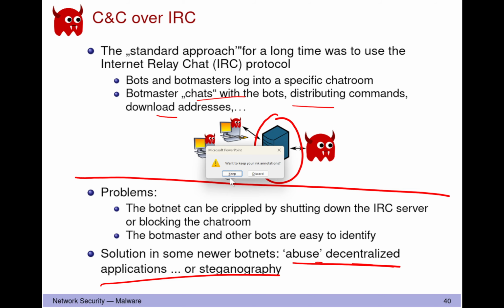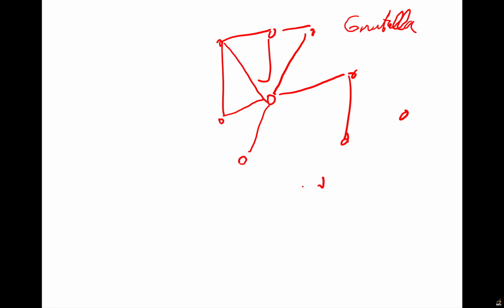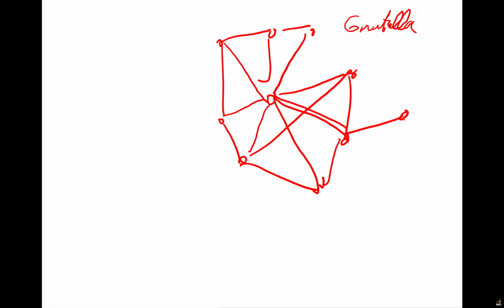So what they did is, if you have a Gnutella network, and then you have a fully decentralized network, it's really just like a random graph. So I don't know, like this maybe.